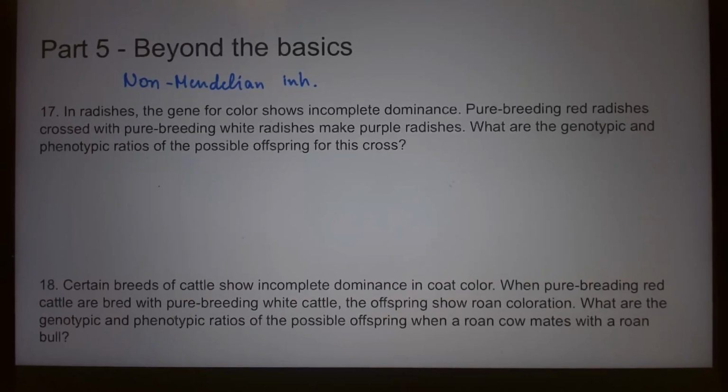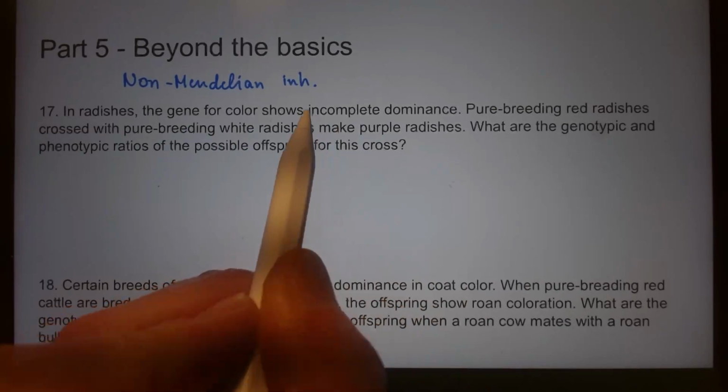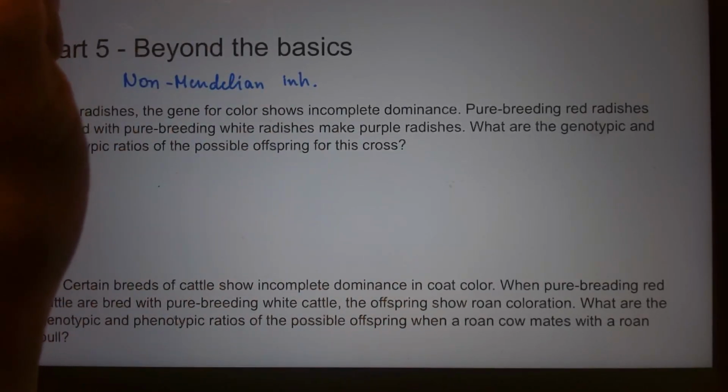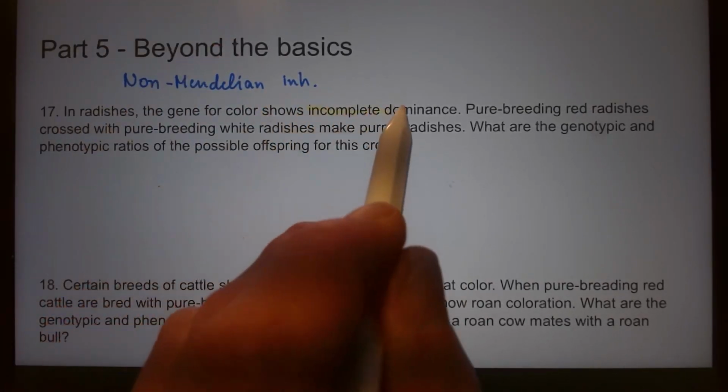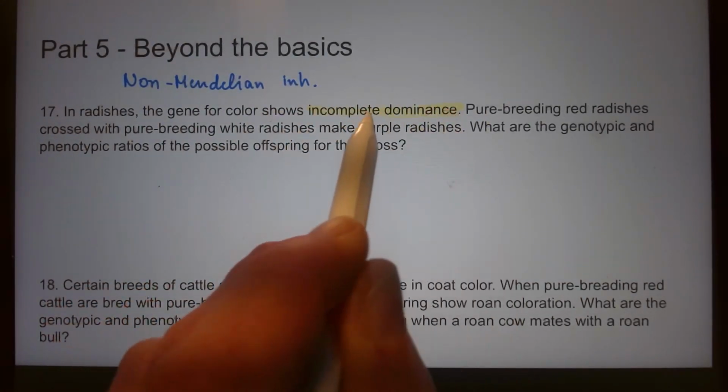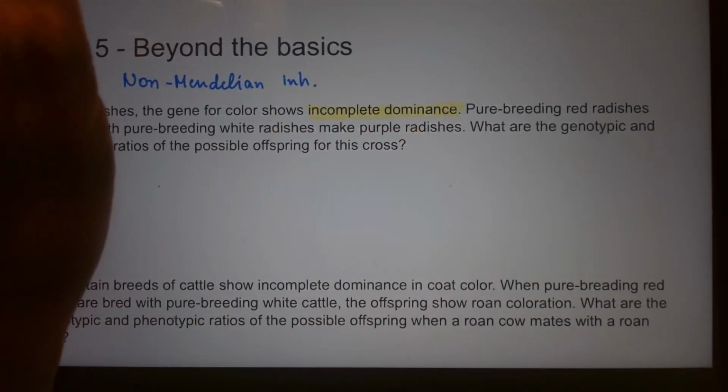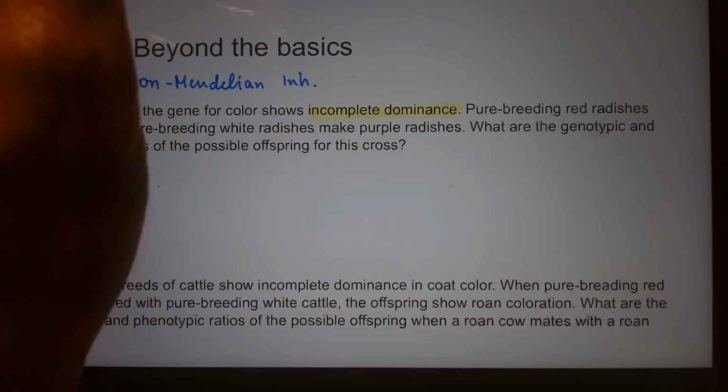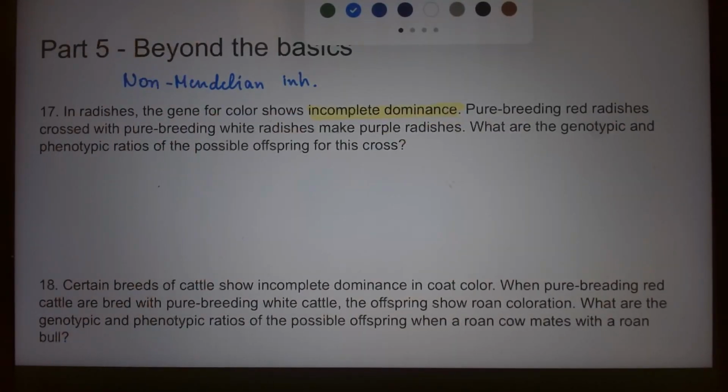Number 17 says that we have radishes where the gene for color shows incomplete dominance. This is a word that we have to stop for a second and highlight: incomplete dominance. It means that none of the alleles are dominant or recessive, but they are going to produce a kind of blended phenotype.